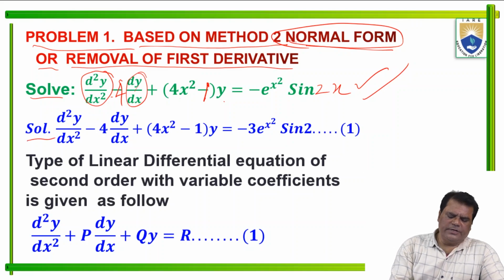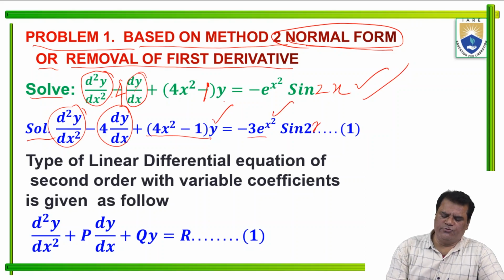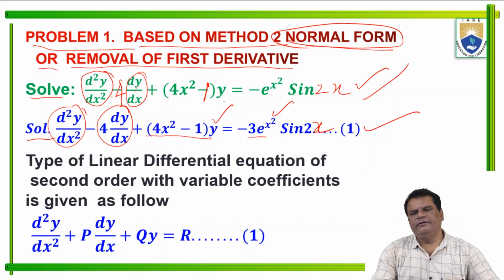So solution: I am writing this question, d2y over dx2 minus 4x dy dx plus (4x square minus 1) y equals e to the power x square sin 2x. This is equation 1. This question is given in our question paper.